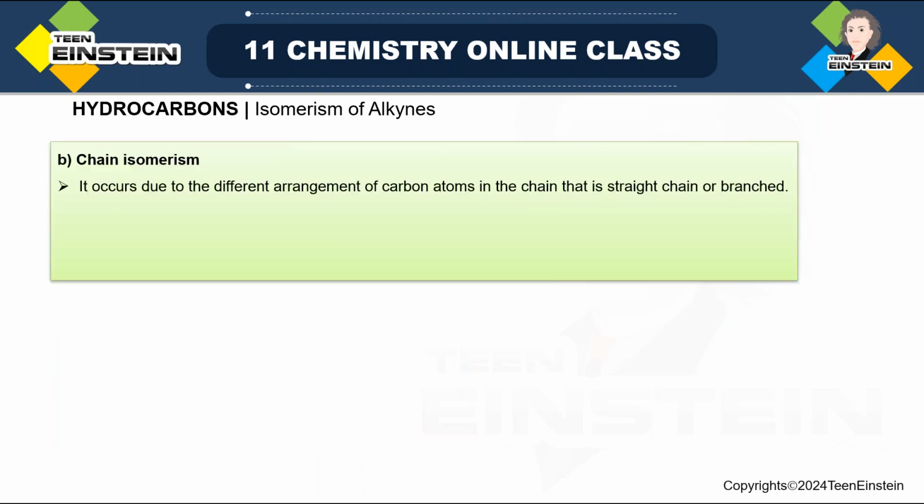Chain isomers. Now chain isomers, obviously the chain is different, because of different arrangement of carbon atoms in the chain, straight chain or branched. Now here also, not just the first three members, chain isomerism is not possible. Only from the fourth one you can have chain.